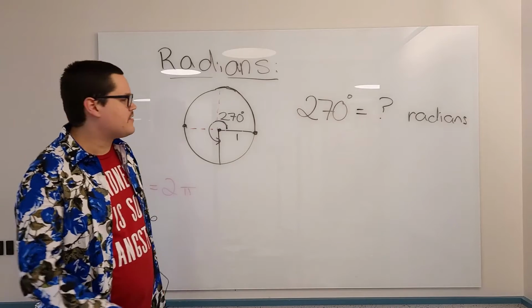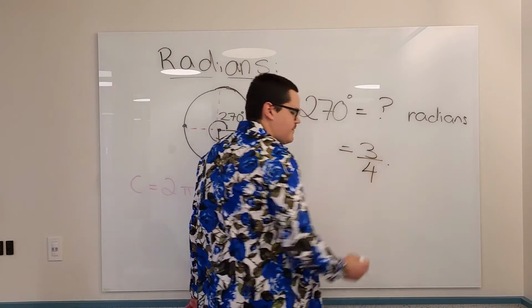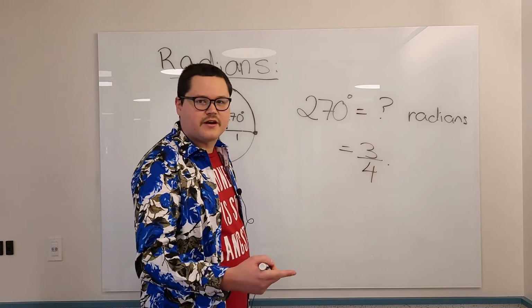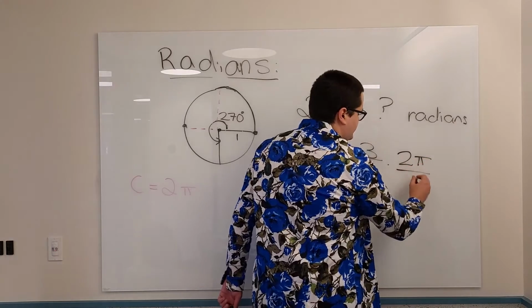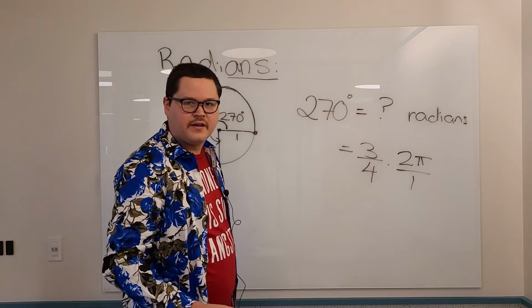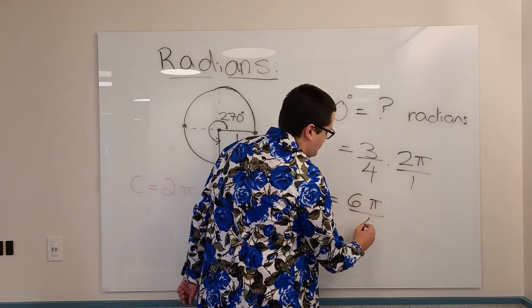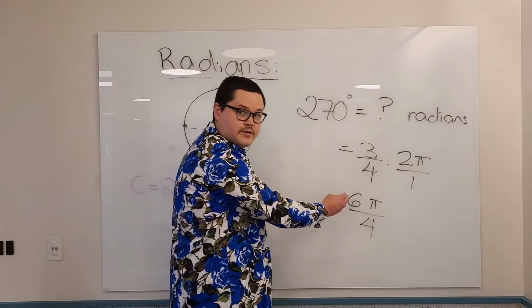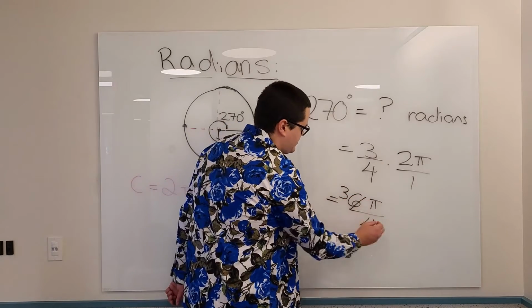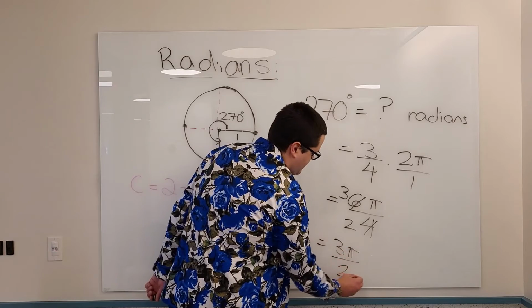So 3/4 of, of is multiply, the circumference of a unit circle is 2 pi, which is the same as 2 pi over 1. Okay, so this is 6 pi over 4. Both of these are divisible by 2. So this reduces to 3 pi over 2.